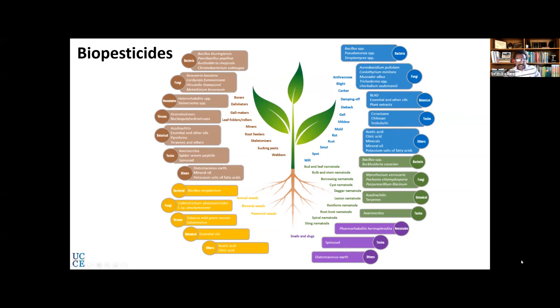And these are bacteria, fungi, nematodes, viruses, botanical materials, toxins, metabolites, and others. So you can see different categories, and there is a very big list depending on the target pest and on the source. Except for just a few, most of them are available in the United States for weed control or controlling nematodes, snails, slugs, pests, or diseases.